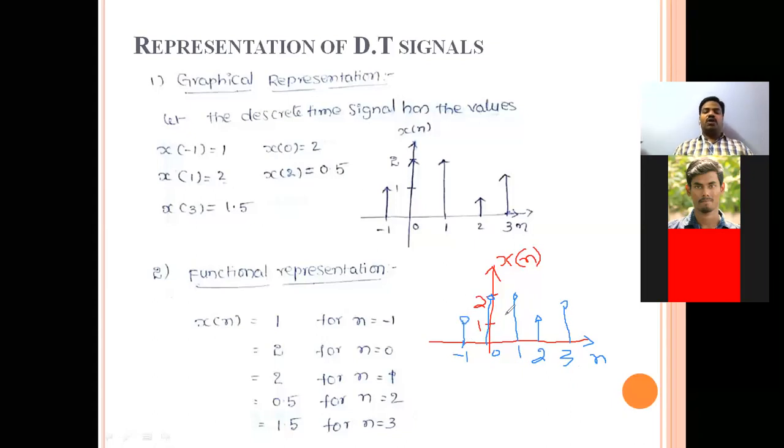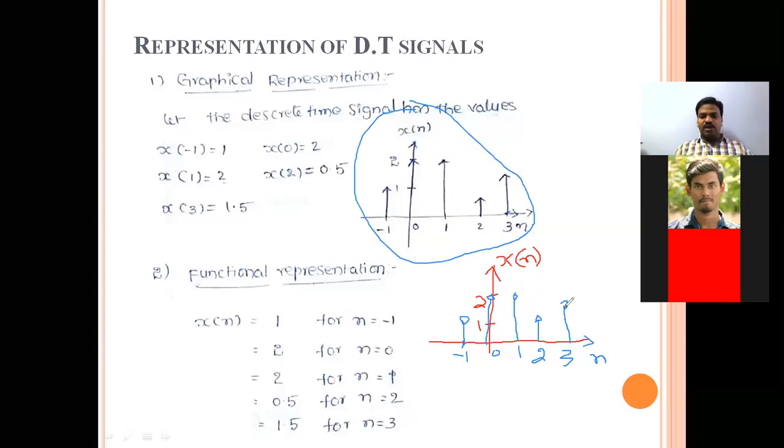Now, please try to understand the difference between this type of graphical representation and this type. Both are the same type of graphical representation only. In this case, I am representing each sample with a straight line having an arrow on the upper point.